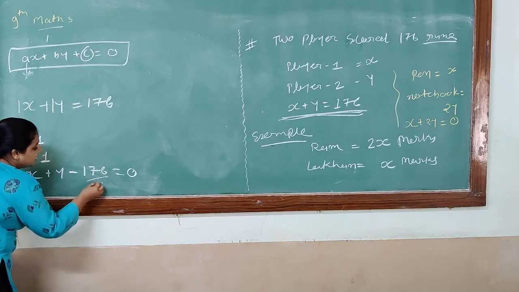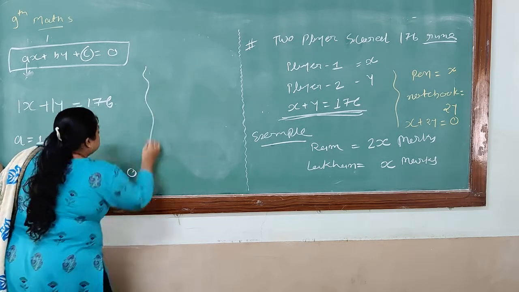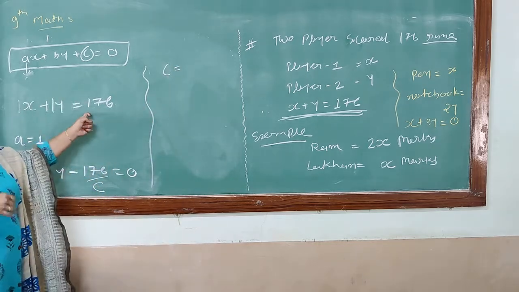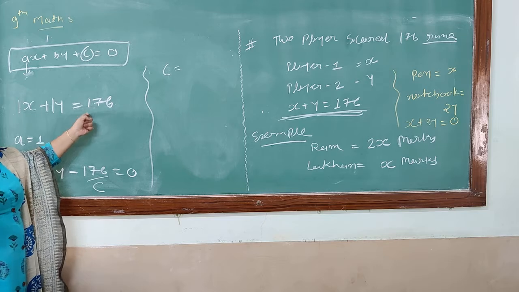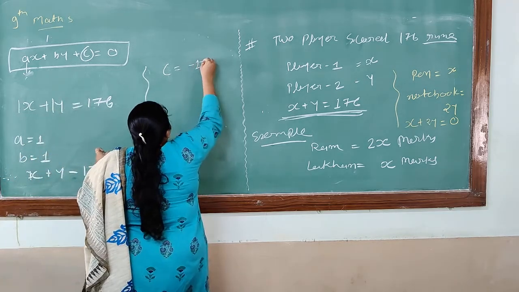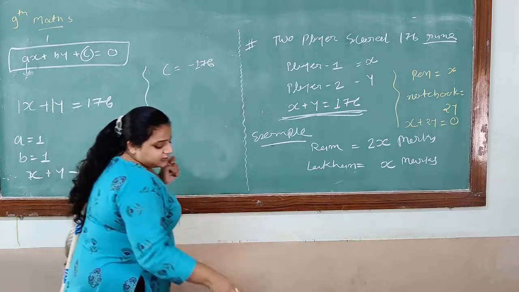Now this will be the C. If you change the place besides 0, it will become a minus. So here minus 176 will be the answer.